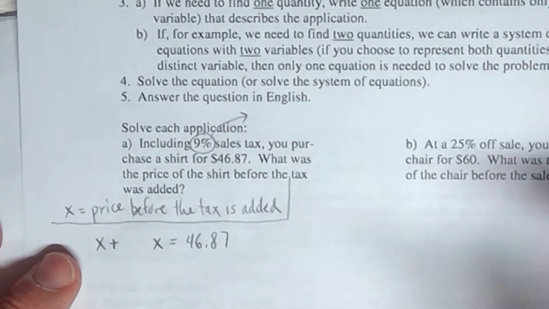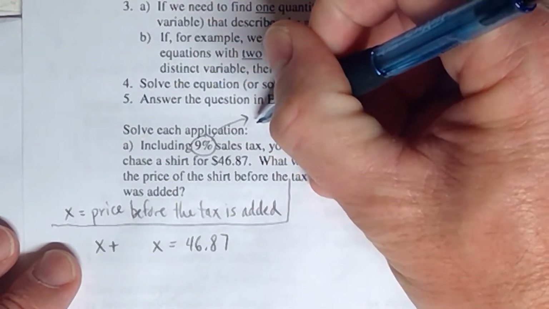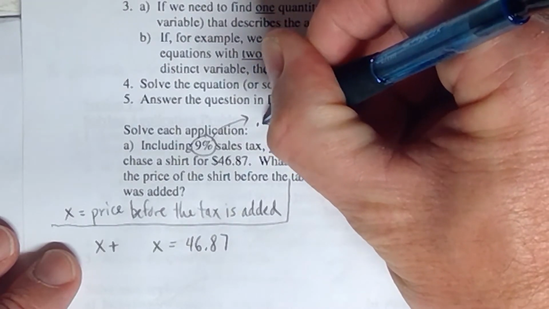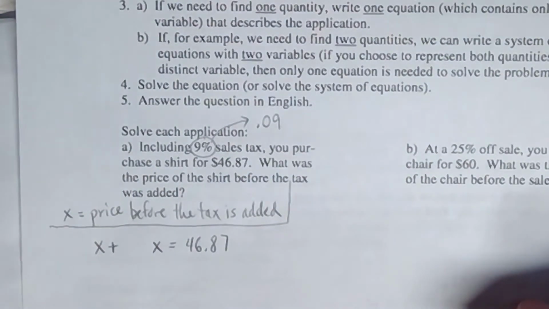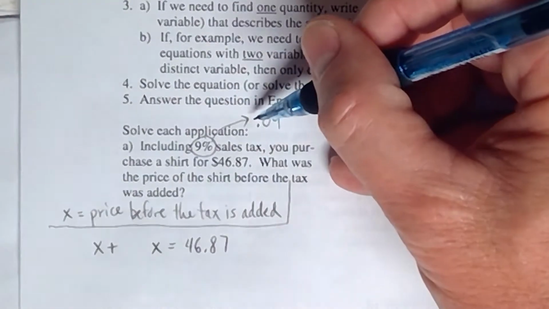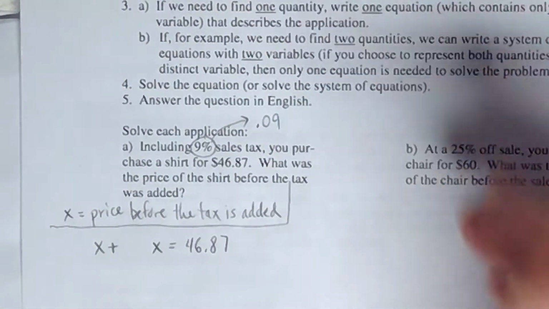If you put that into your calculator, 9 divided by 100 is equal to 0.09. You could just say .09, same thing. Anytime you have a 0 on the left of the decimal point, you don't need to write it.